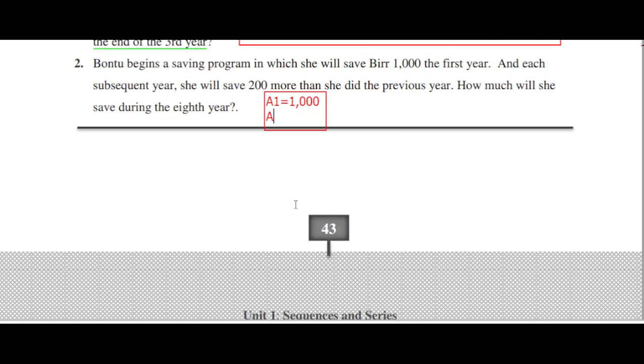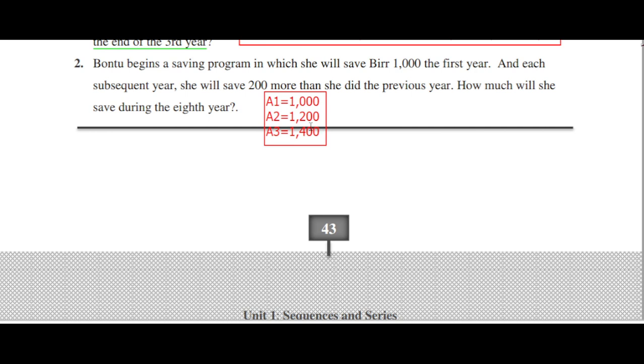A2 is equal to 1,000 plus 200, that means 1,200. A3 is equal to 1,200 plus 200, 1,400.